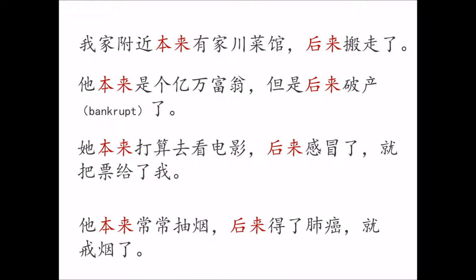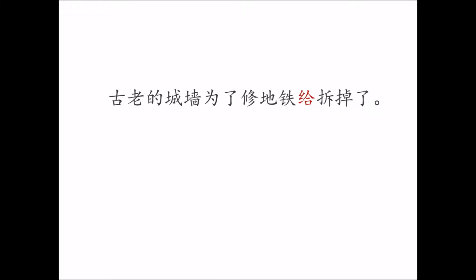好，读一读下面这个句子，想一想它是什么意思。古老的城墙为了修地铁给拆掉了。给 is a replacement of 被 and the only difference between them is 给 is more informal than 被。When they are used, they indicate that there is a passive voice.